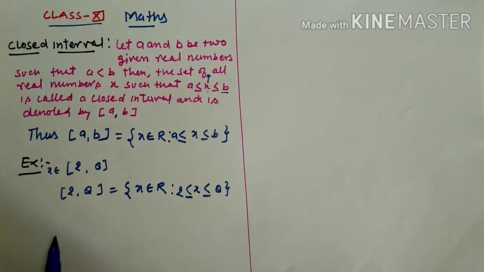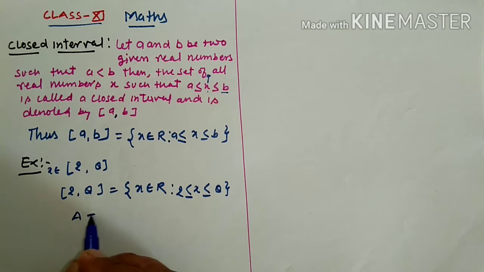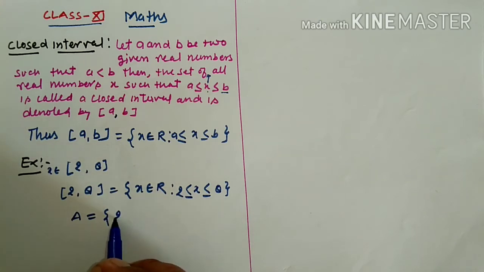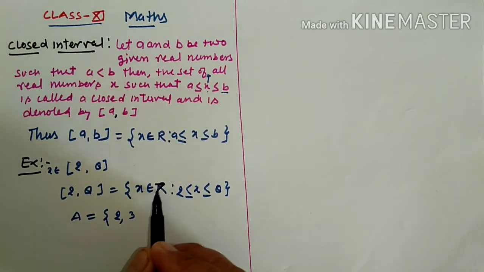Clear? And what is the resulting set? So the resulting set is A. Just look at that. X is greater than equal to 2, so we will also take 2, then 3. Sorry, it is real number I will take. We can write it as Z, integers.